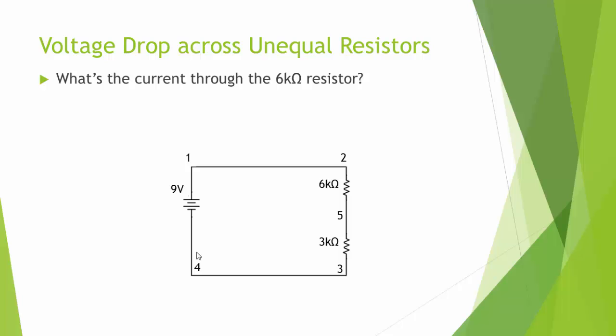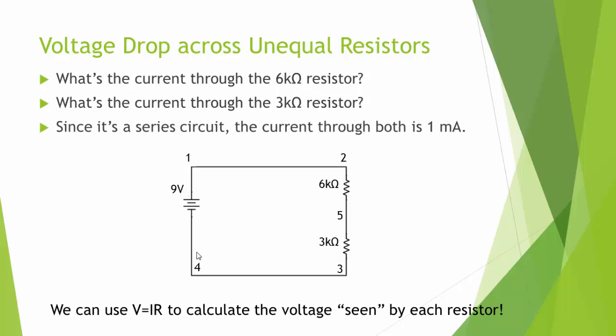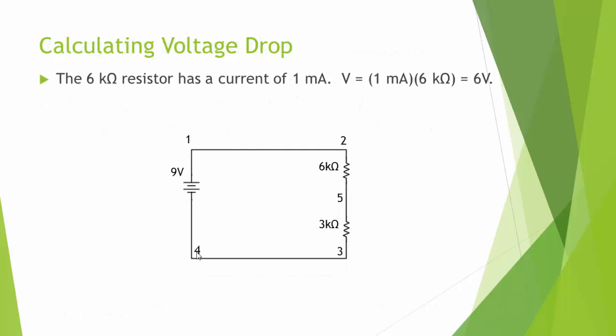So knowing the current through the 6 kilo ohm resistor, we can do a quick calculation, sum the two of them up. The overall resistance is 9 kilo ohms, so it's 1 milliamp. Well, the current has to be 1 milliamp through the 3 kilo ohm resistor as well. And then we can use V equals IR to calculate the voltage seen by each resistor.